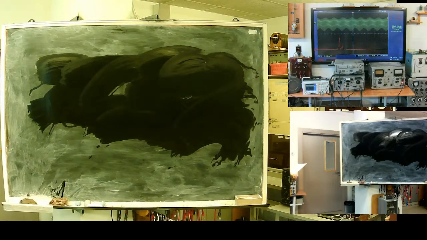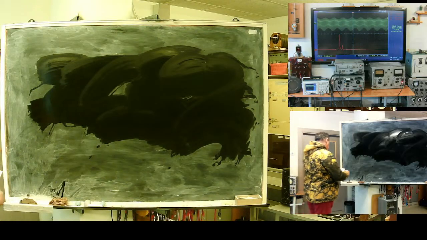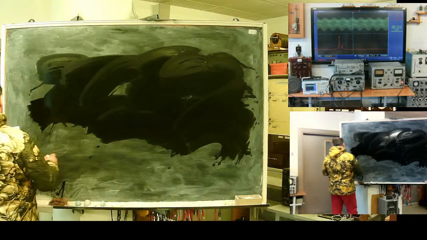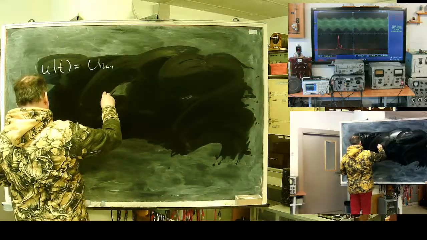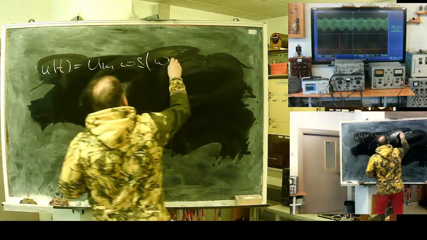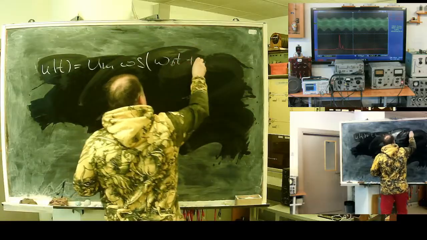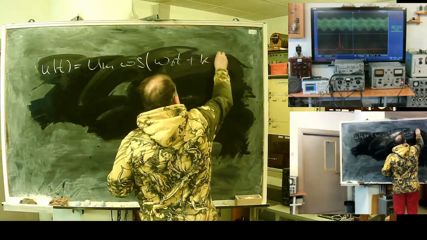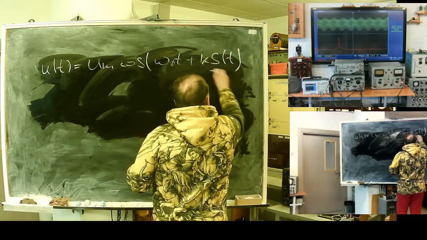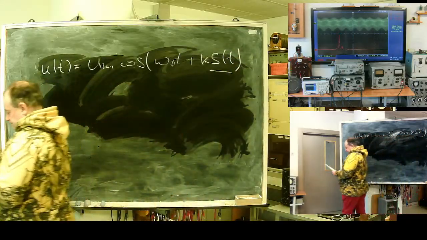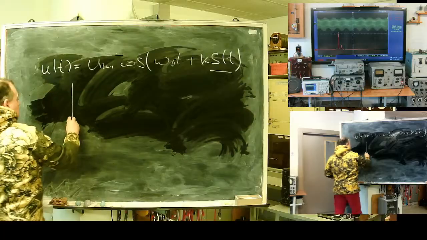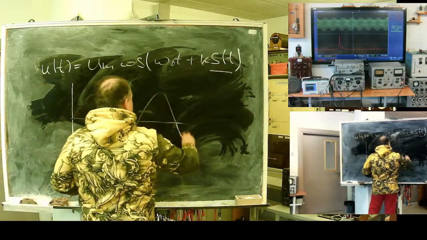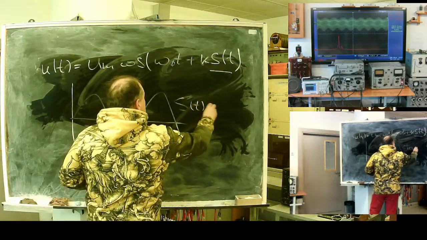Anyway, let's start with angular modulation. Again, modulated signal is Umax cosine omega 0 time plus my signal to transfer. What will it be? S is 0.